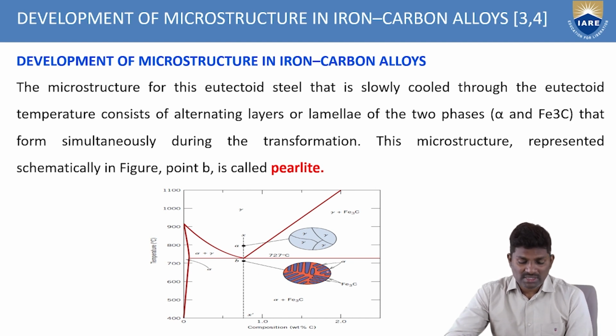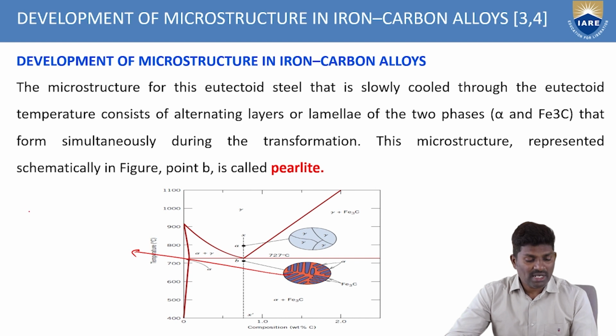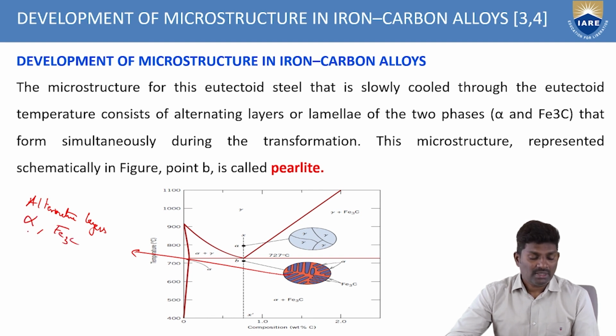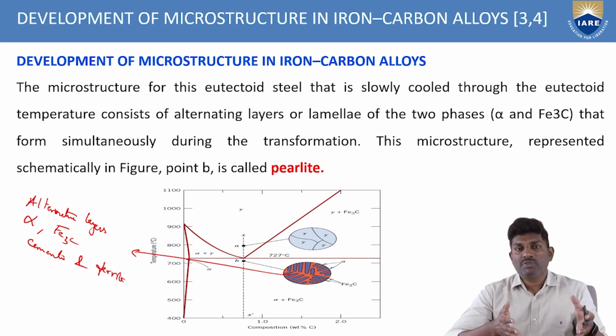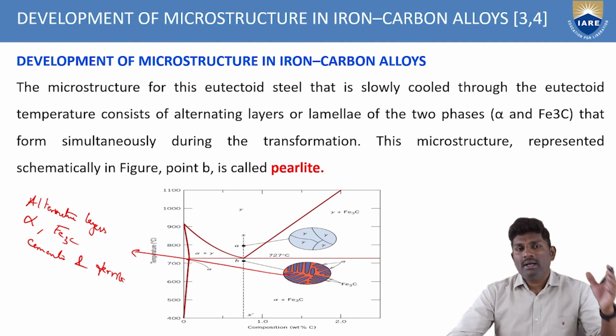You can see this, which is having that alternative layers, which is having the two different things, that is the alpha and Fe3C, that is the cementite and the ferrite. So combination of ferrite and the cementite are in terms of the alternate layers which are being formed during the transformation from the austenite at the eutectoid temperature.